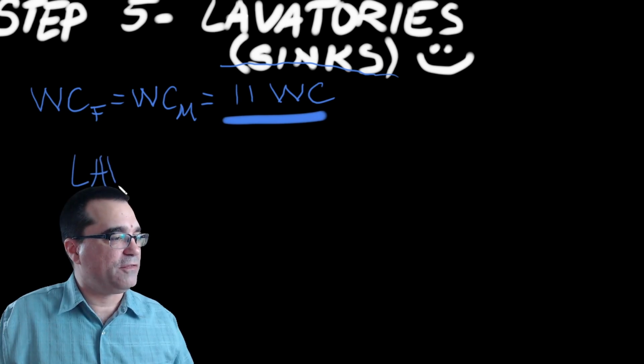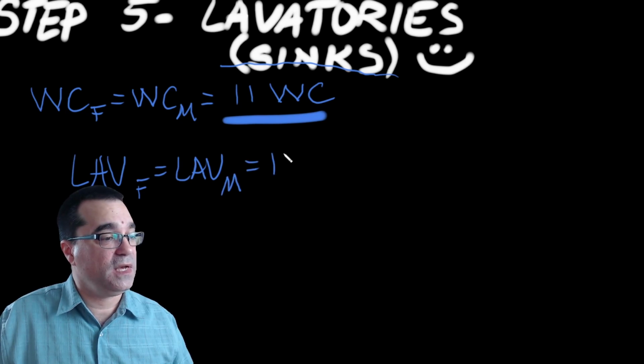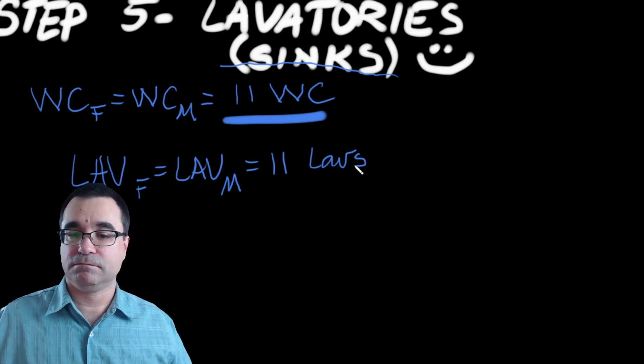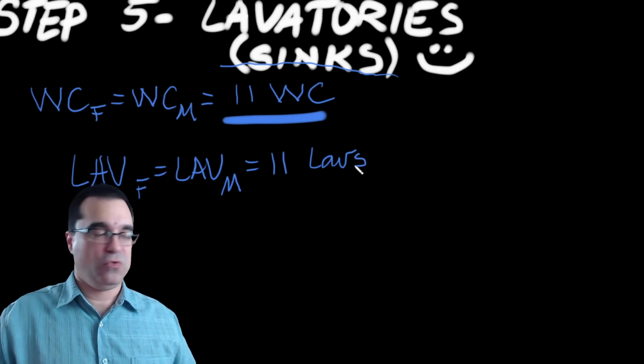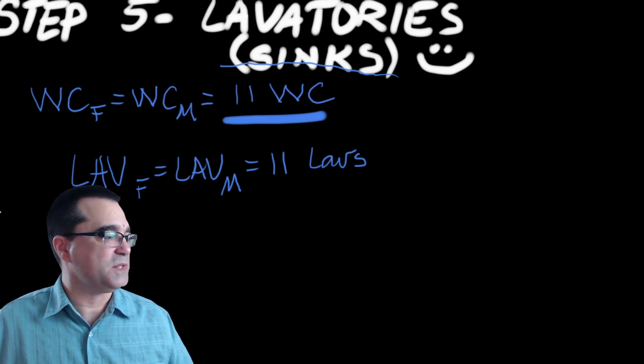The number of lavatories for females, which is the same number of lavatories for males, is going to be 11. 11 lavs. Okay? Nice and easy. We figured that out. 11 water closets, 11 lavs for this specific question.